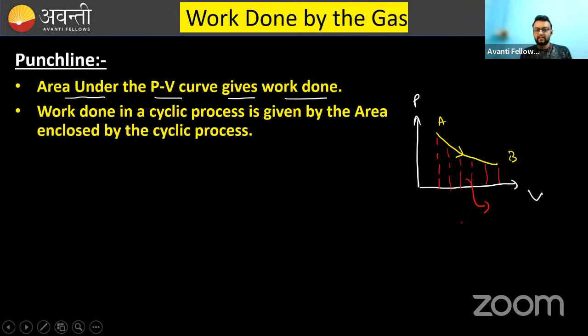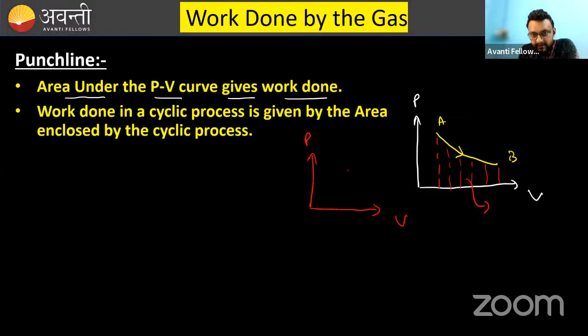Is the statement clear? The area under the PV curve, but the thing is, you must consider the area with the volume axis. If this is P, this is V, and there is a graph like that, and someone asks you to calculate the work done in this process, then you must calculate the area with the volume axis, not with the pressure axis.